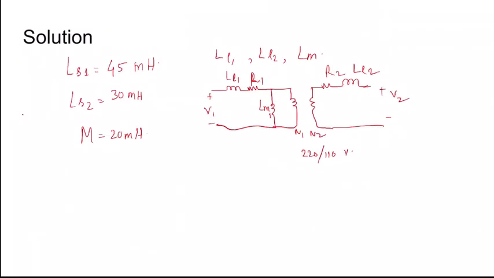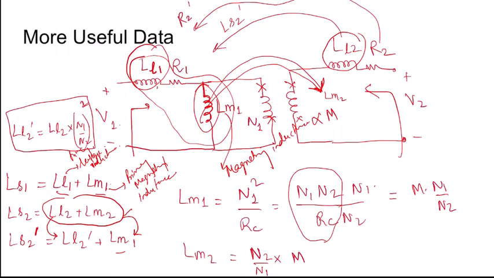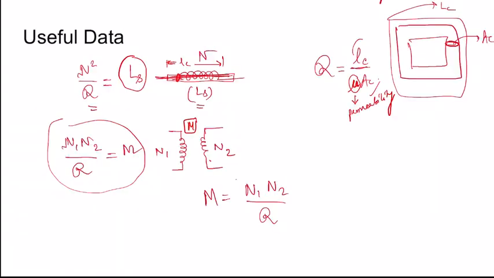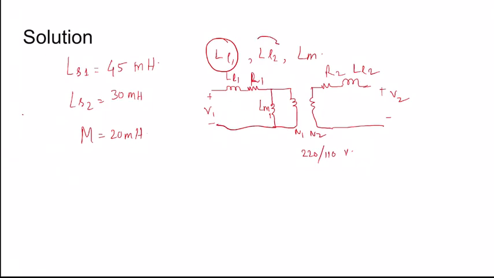Coming to the solution, given LS1, LS2 and M values, we are asked primary leakage inductance and secondary leakage inductance transferred to the primary side, so LL2 dash, and magnetizing inductance referred to the primary side, so LM1.